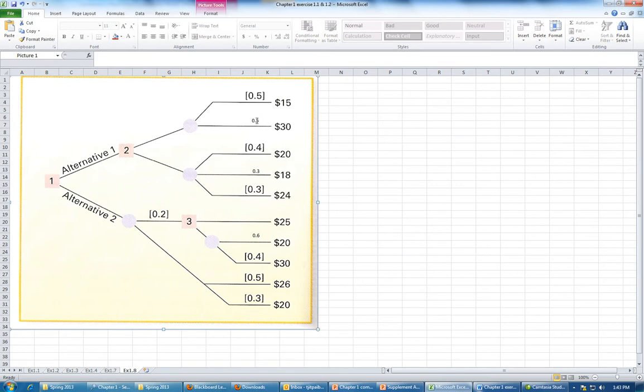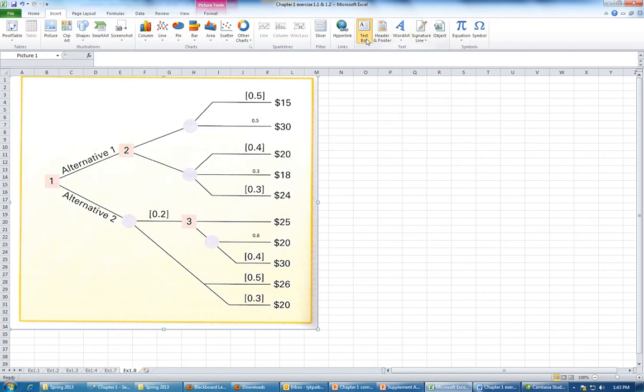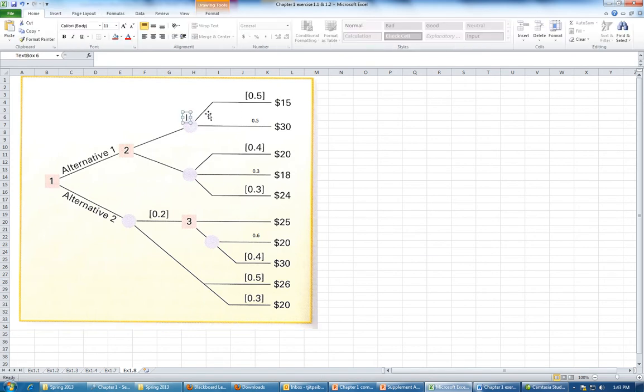With all event probabilities, we're going to label this one event node number 1, and then we're going to do similar for this one, called node number 2, and also this one we're going to call node number 3.